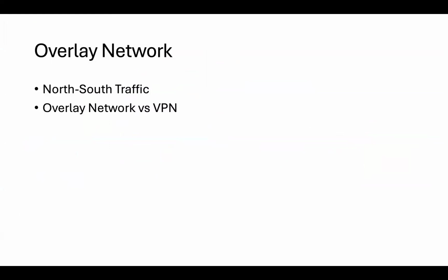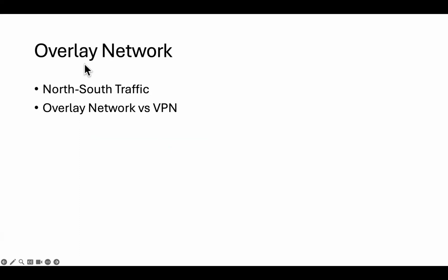An overlay network is actually a very old concept. I'm sure both of you are familiar with it. In simple words, an overlay network is a logical or virtualized network built on top of another network.